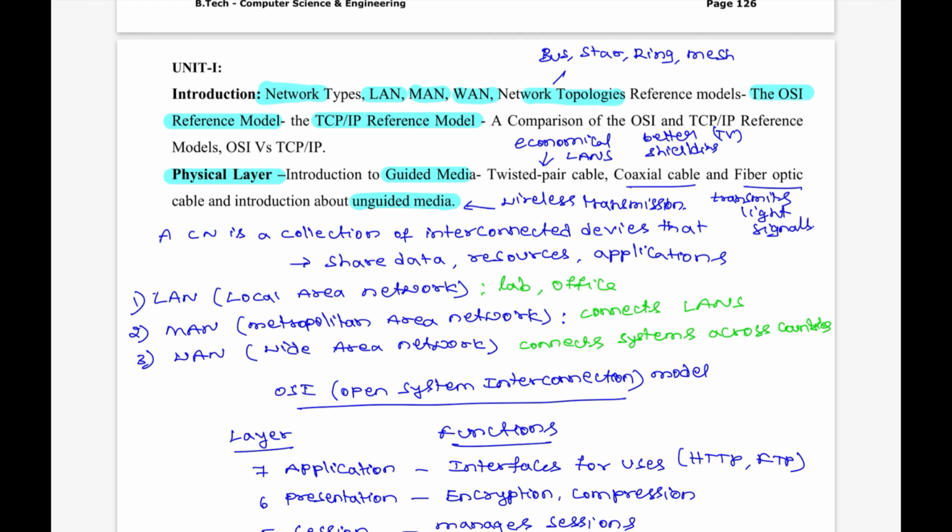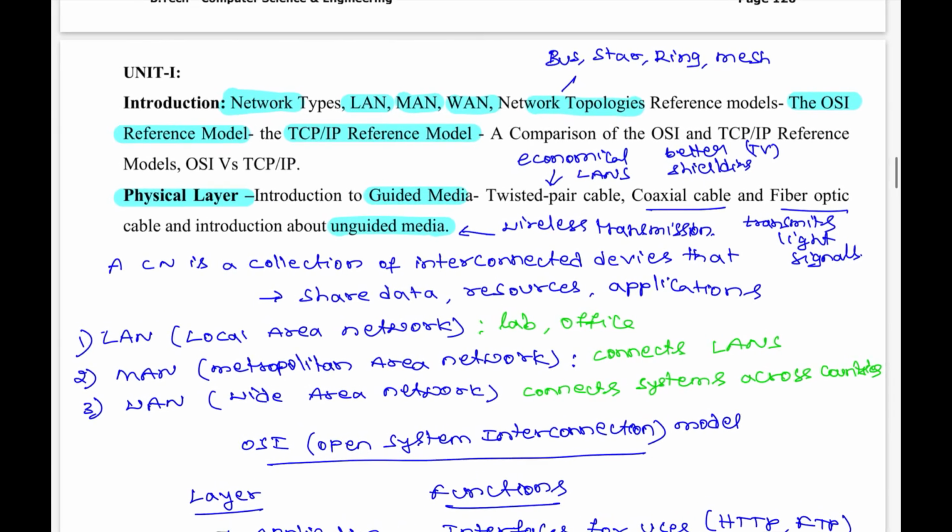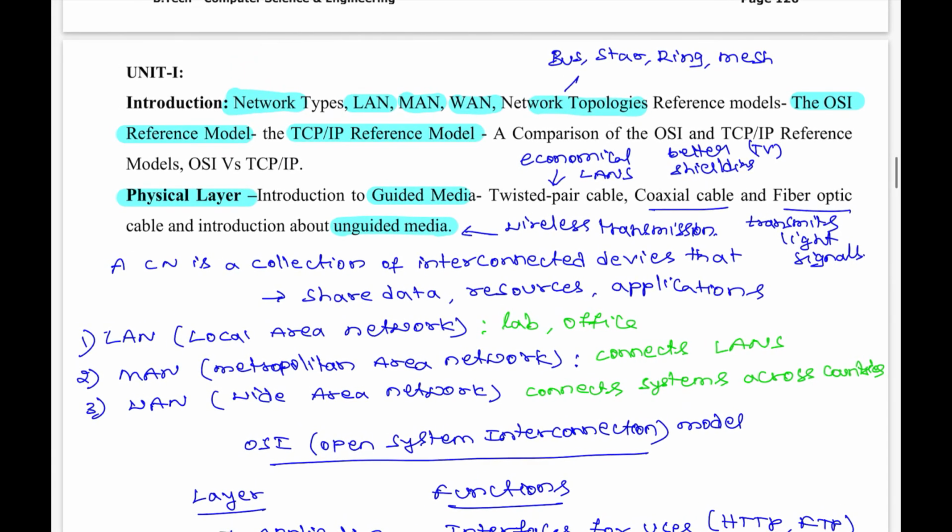In unit 1, we are going to understand what exactly a computer network is, what LAN, MAN, and WAN are, the architecture and connection of the computers, and the network topologies. They are different seating-arrangement-like structures.